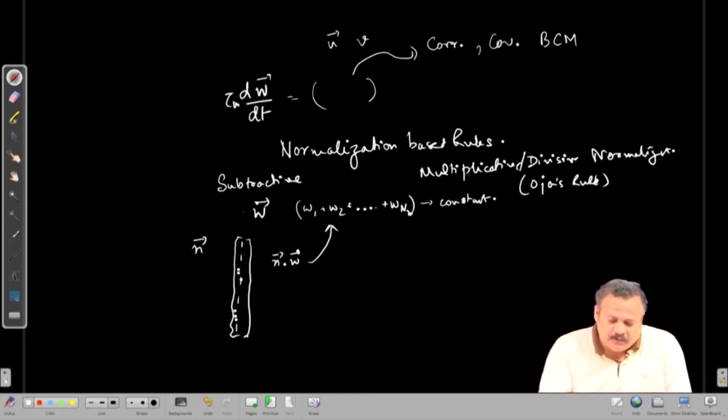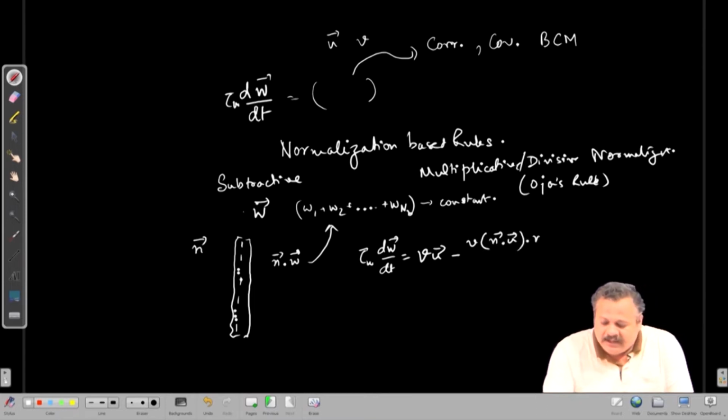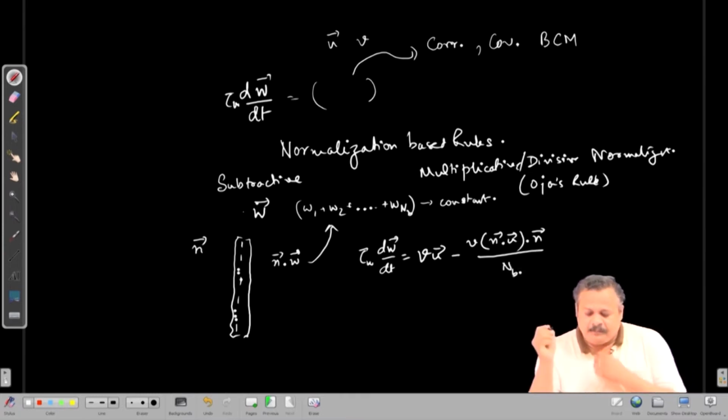So, our learning rule, that is tau_w dw/dt, is given by v u as we always have, and the restriction is brought in by minus v (n dot u) times the vector n divided by N_B.